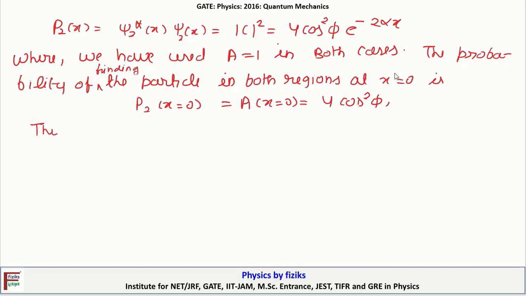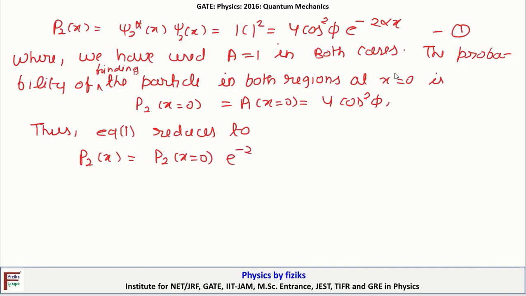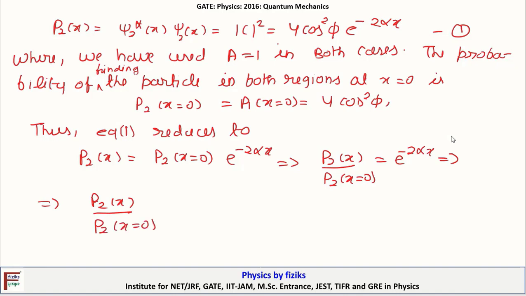Thus, equation 1 reduces to P2 of x equals P2 of x equals 0 times e to the power minus 2 alpha x, or P2 of x by P2 of x equals 0 equals e to the power minus 1, which is equal to e to the power minus 2 alpha x, implying x is equal to 1 by 2 alpha.